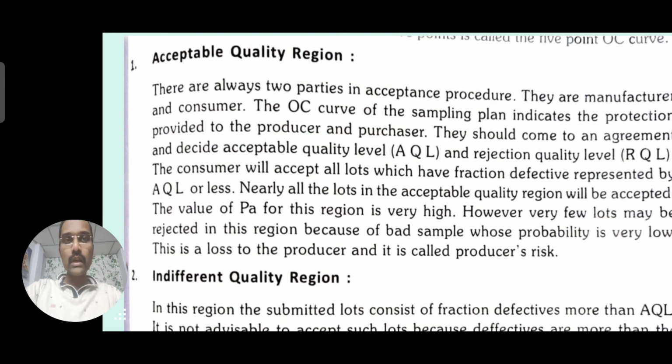Why? Because in the acceptable quality level region there is only a small chance of getting bad samples. But due to those bad samples, if the complete lot is rejected by the consumer, it is a risk to the producer. This loss to the producer is called the producer's risk.